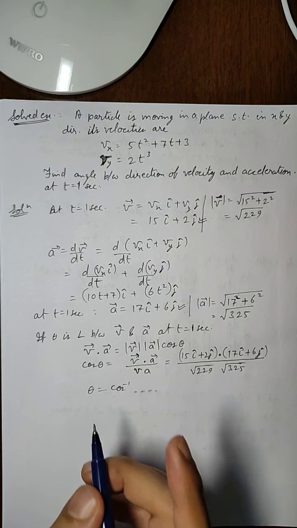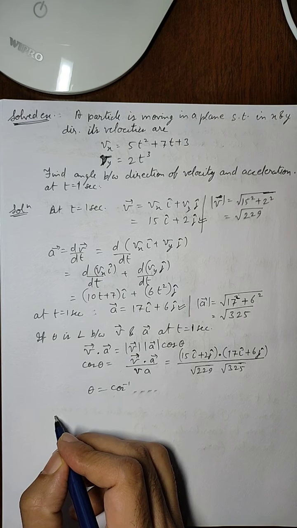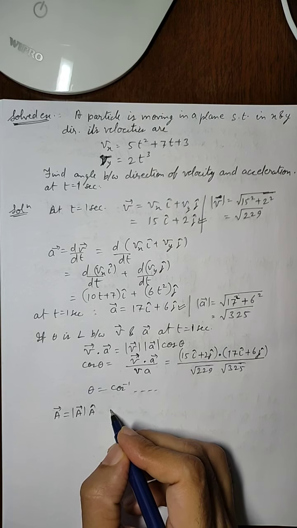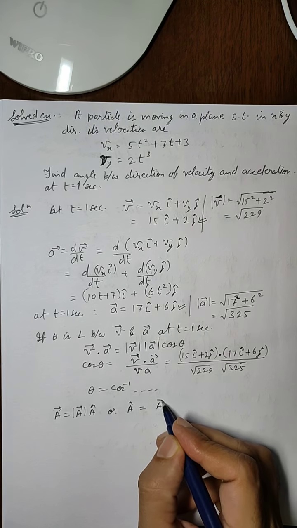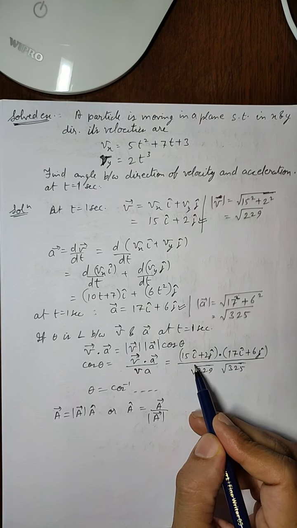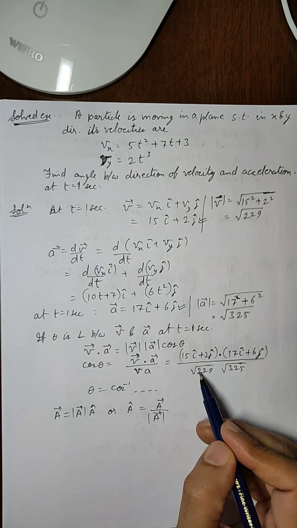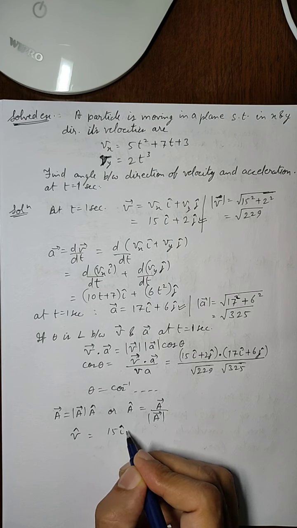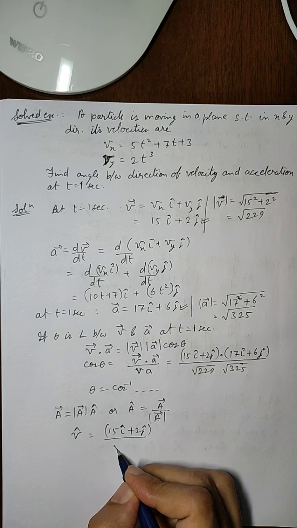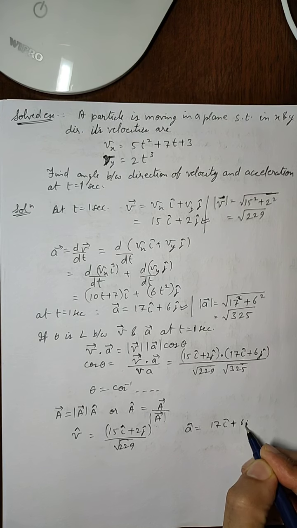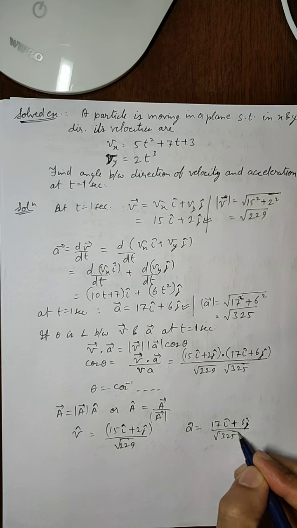Now, if I remind you the formula for unit vector, we knew that vector A can be written as the magnitude of A into unit vector A, or unit vector of A equals A vector upon the magnitude of A. Here, 15 i cap plus 2 j cap upon root of 229 is nothing but the unit vector of V, and similarly the unit vector of A is the acceleration vector upon root of 325.